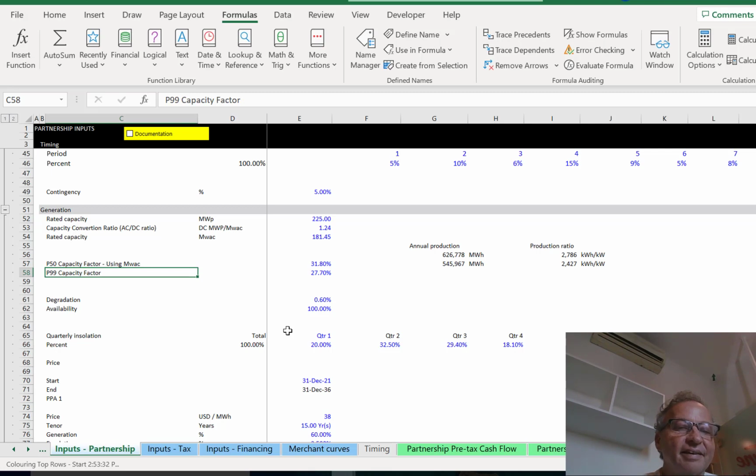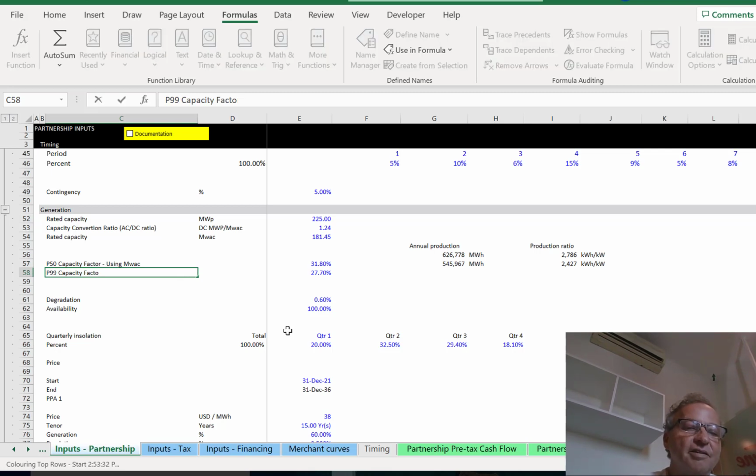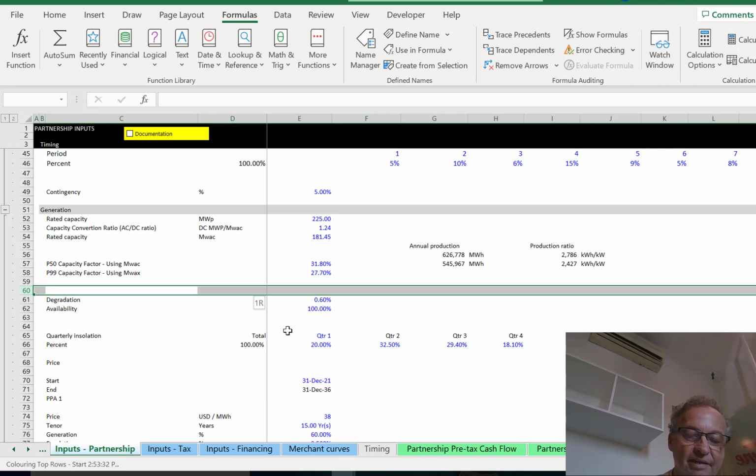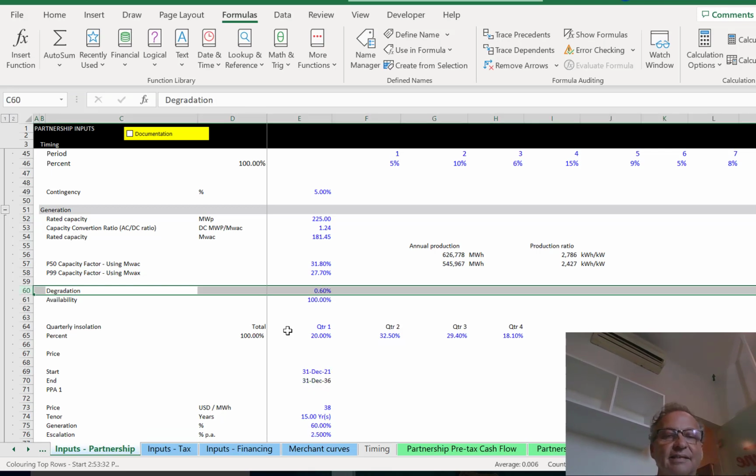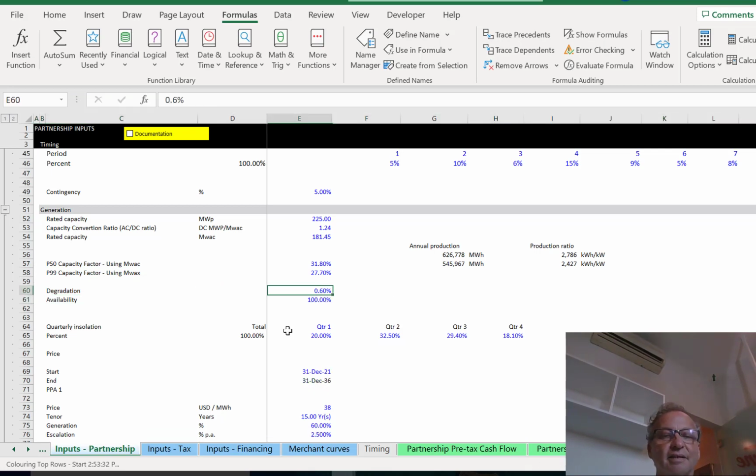Now, using MWAC. Now I'm sorry I'm doing this kind of stuff, but I just switched the video on and decided, what the hell, let's just do it.